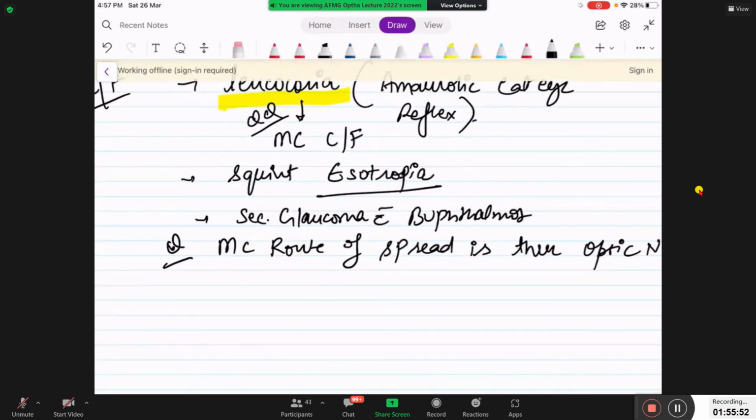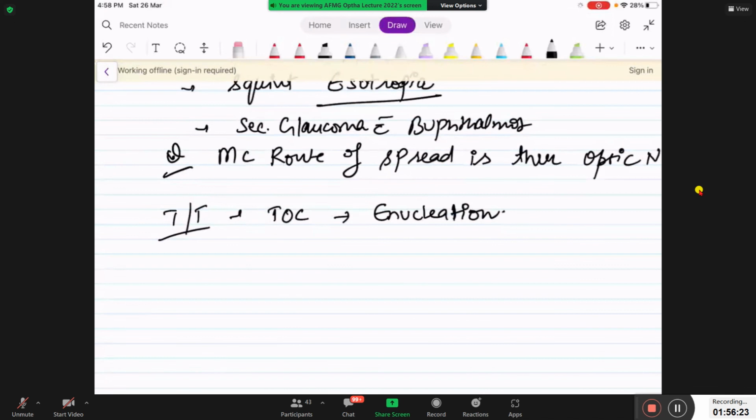Coming to treatment. Treatment of choice we have already discussed. Enucleation. So there is removal of whole eyeball along with optic nerve. Okay, enucleation is done.